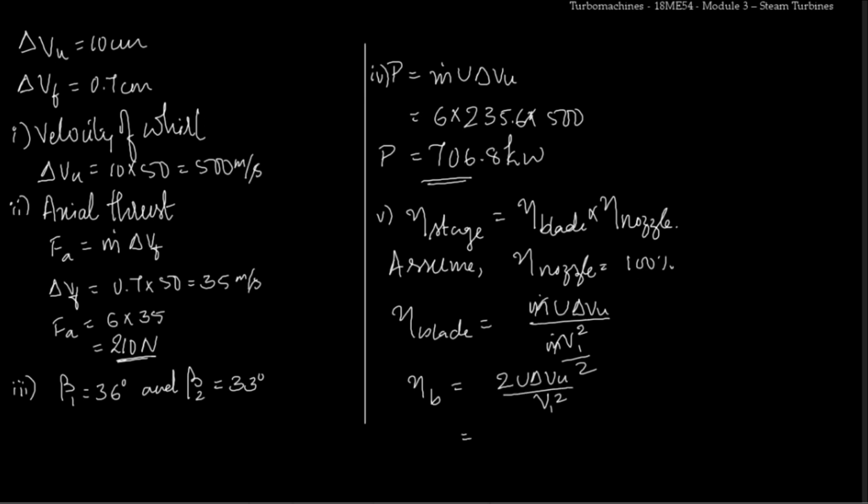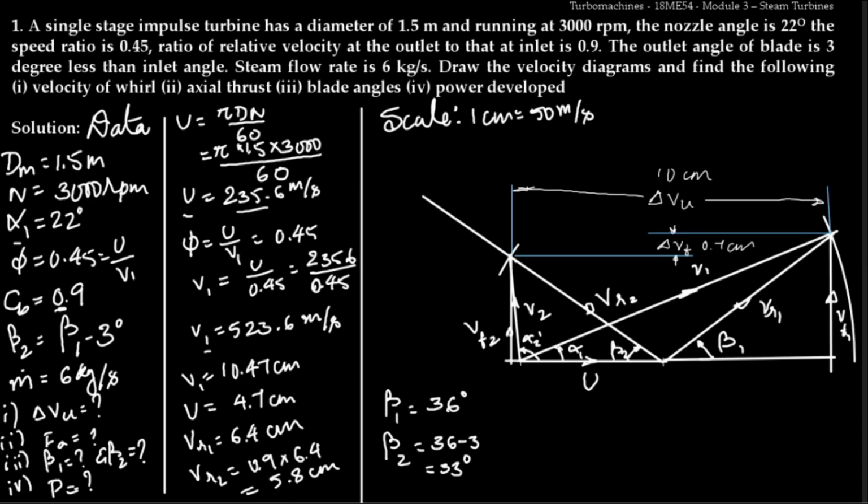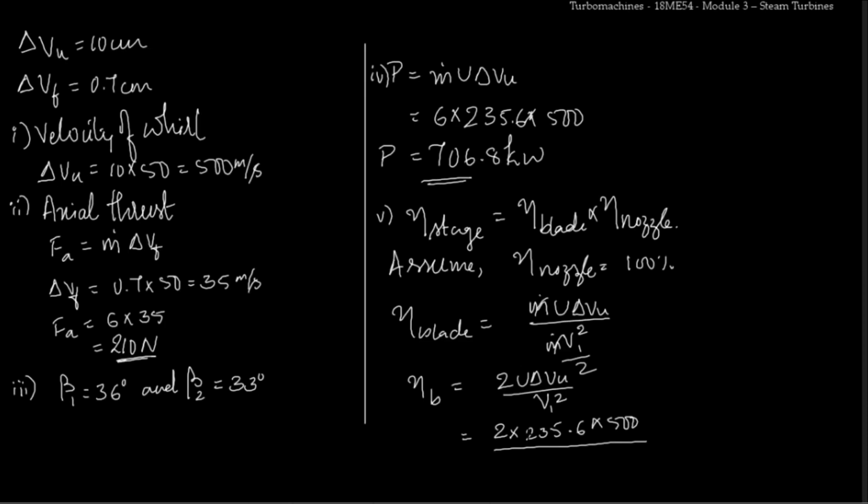When I substitute the values here, this is 2 into 235.6 into delta Vu, which is 500, divided by v1 squared, where we calculate the value of v1 as 523.6. So 523.6 squared.